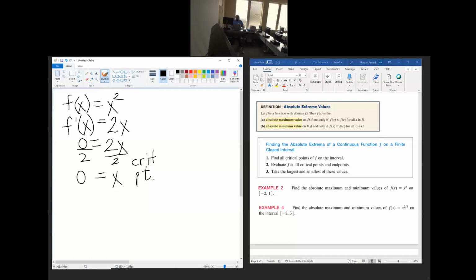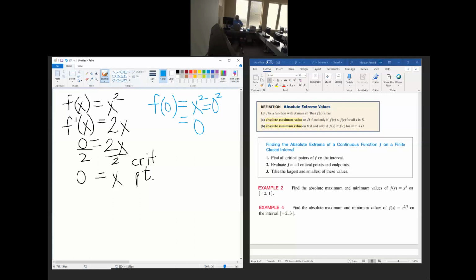So let's plug in our critical point first into our original problem. So that equals to 0.